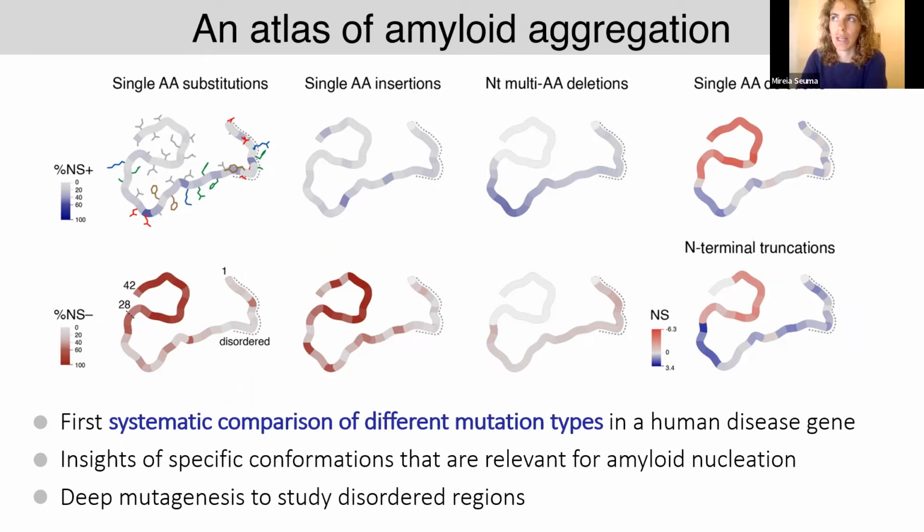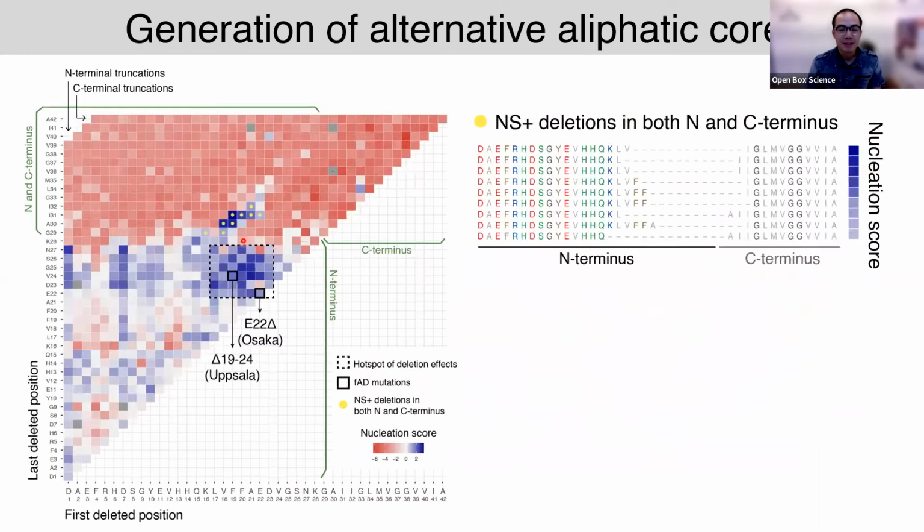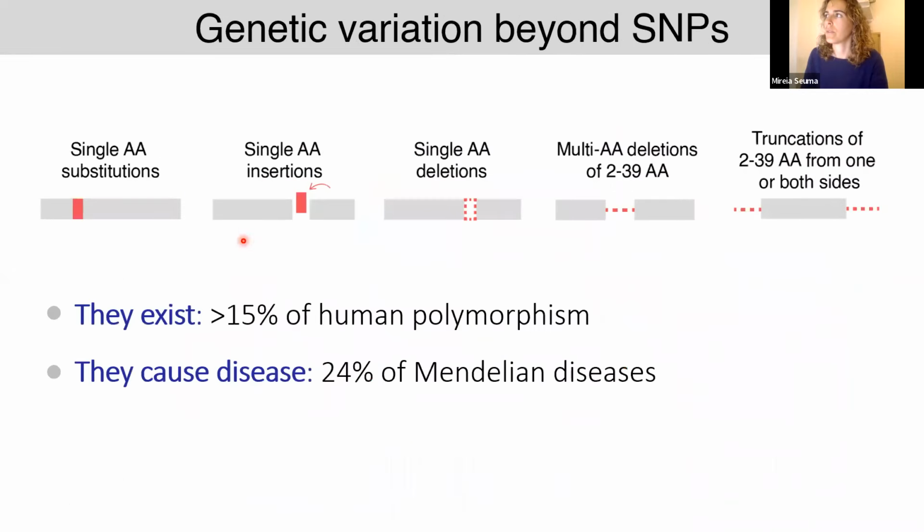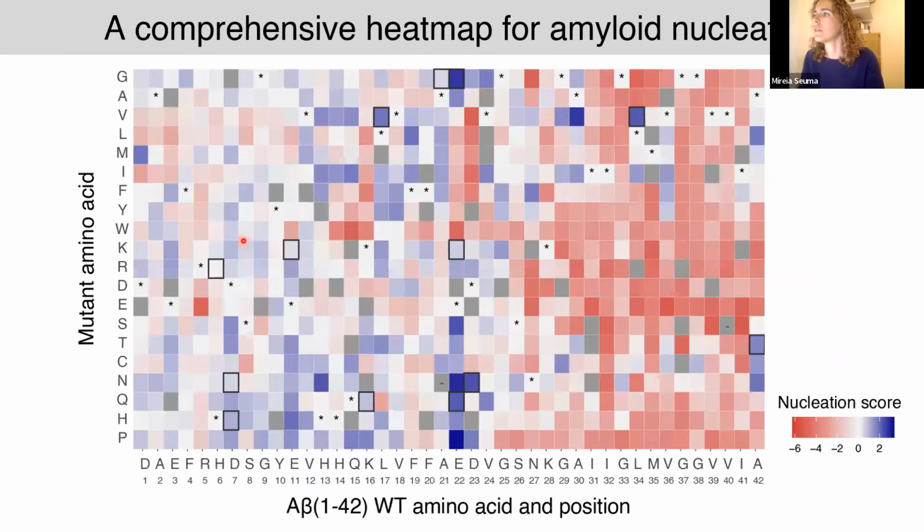You mean at the end terminus? At the level of the unstructured side, where most of them don't change nucleation, there are some that seem to change a little bit if you look at a heat map. Right, let me go to the heat map. There you go.